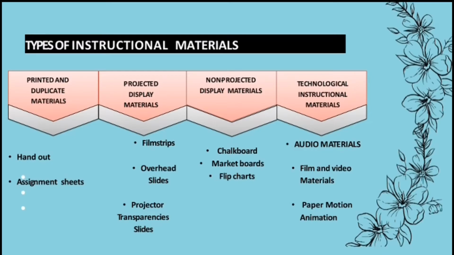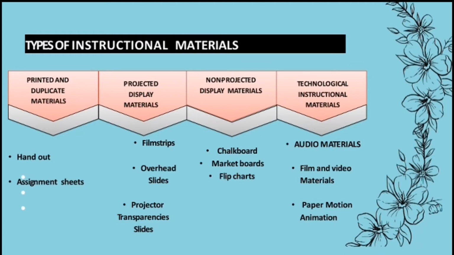So let's move on to the types of instructional materials. There are 4 types: the printed and duplicated materials, the projected display materials, non-projected display materials, and the technological instructional materials. I have here some examples under the different types.